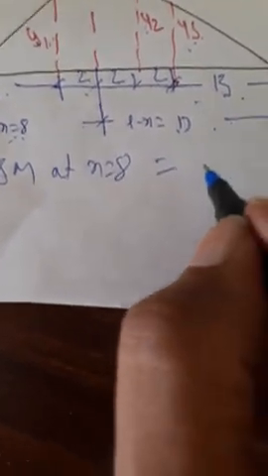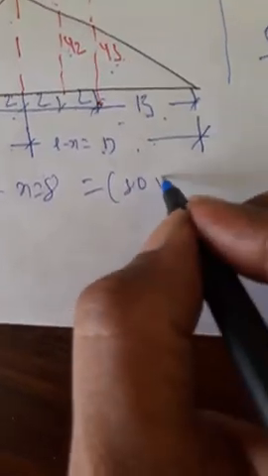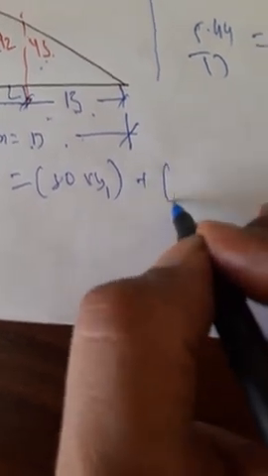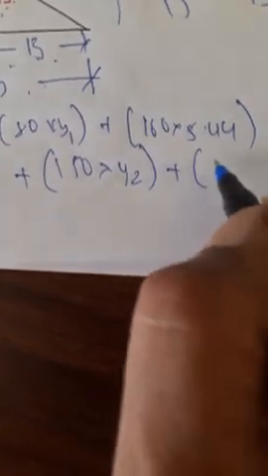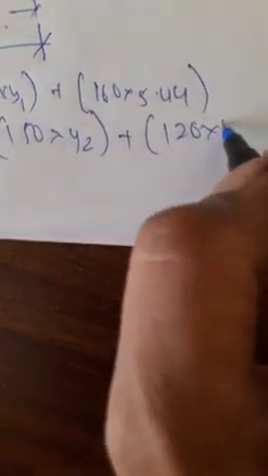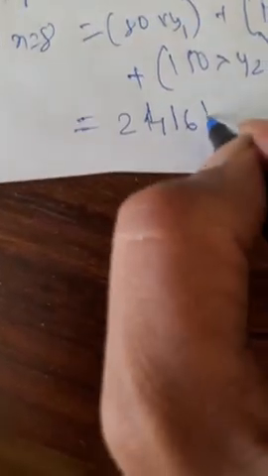So I can write 80 into y1 plus 160 into 5.44 plus 150 into y2 plus 120 into y3. So solving this, you have the bending moment value as 2416 kilonewton meters. So this completes the problem. Thank you.